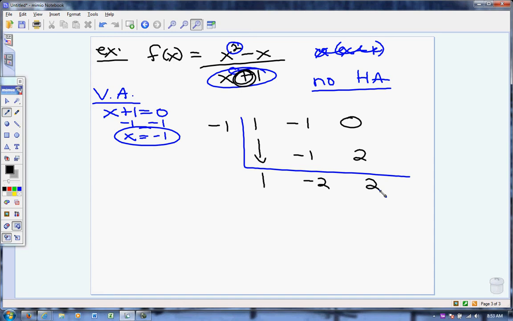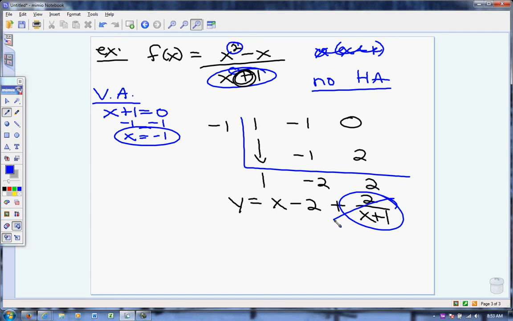Okay? Well, so technically what do I have here? I have y equals x minus 2 plus 2 over x plus 1. That's technically what I have. But what we do in terms of this little remainder is we just don't use it.